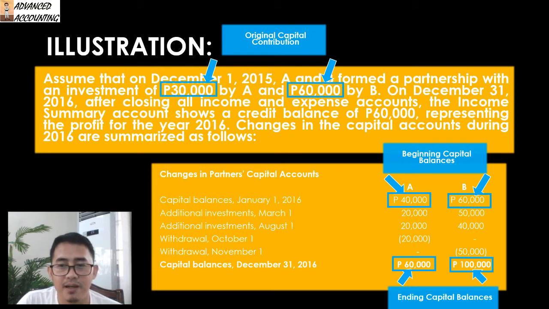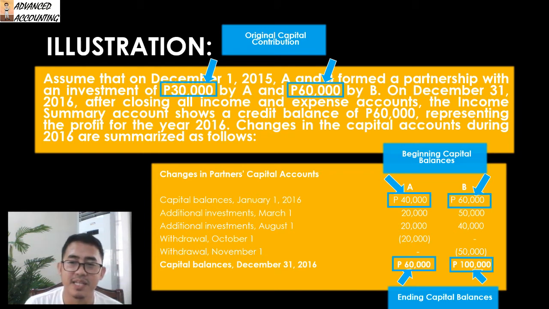We also have here the happenings for the year 2016. Our base year in this illustration is 2016, although the partnership was formed on December 1, 2015. So on January 1, 2016, we call this the beginning balance of capital. A is 40,000 and B is 60,000.